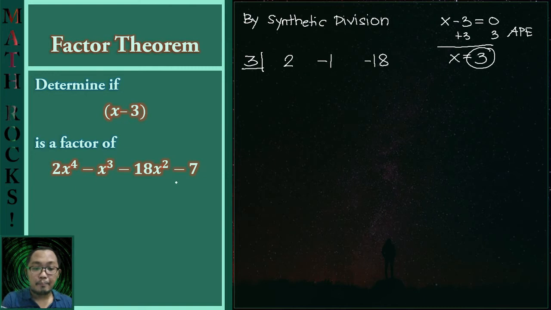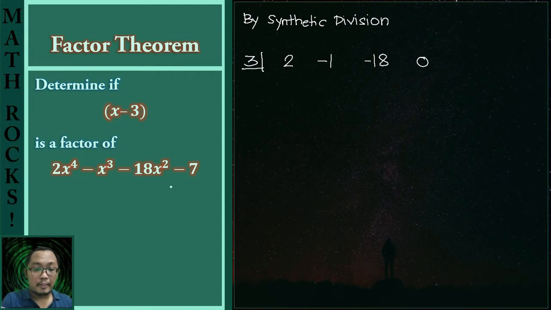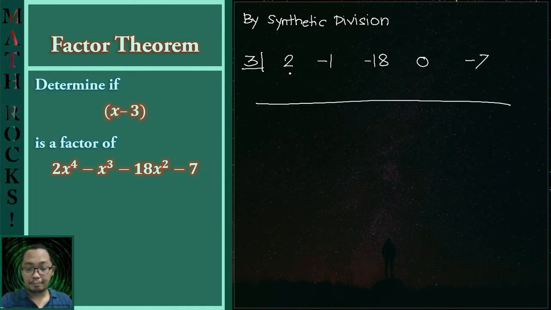Since the x term is missing, we should have the coefficient be 0. And finally, our constant term, we have a negative 7. Let us start with our synthetic division.